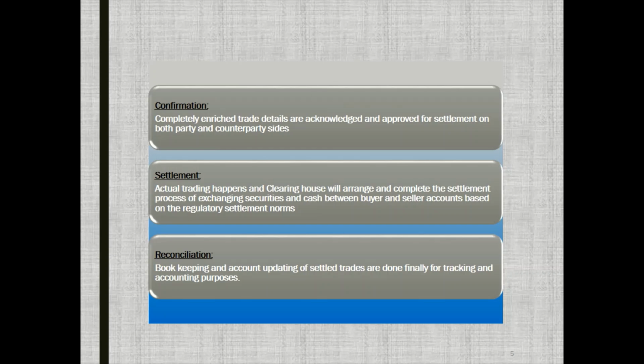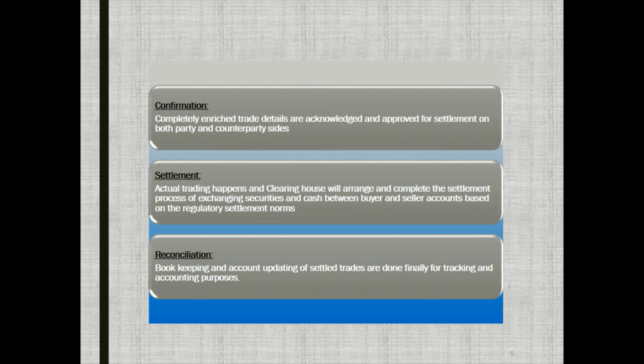We want to know who has traded, who has bought or who has sold, the date the trade happened, when the trade got electronically executed, when the trade got confirmed, and when the trade got settled. We want to have all the tracking.